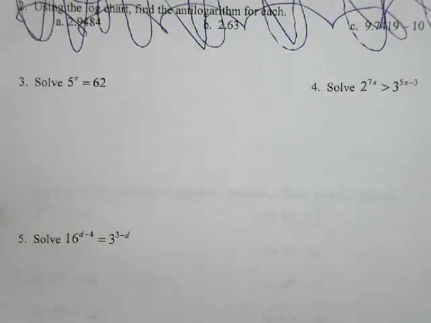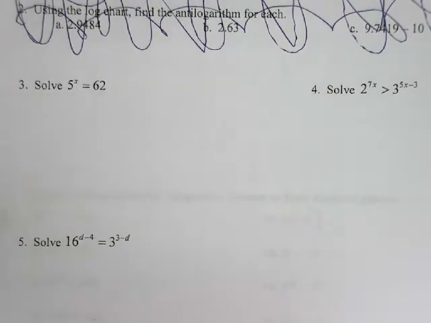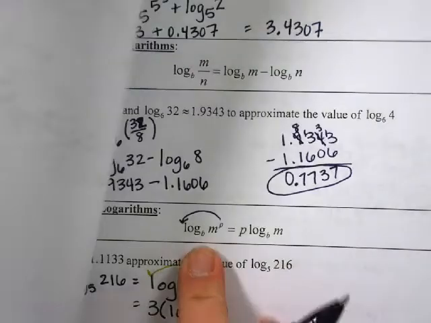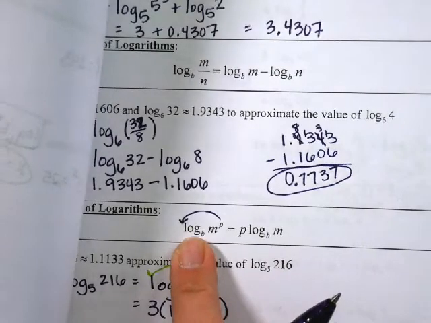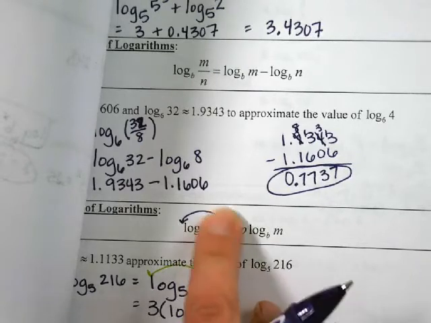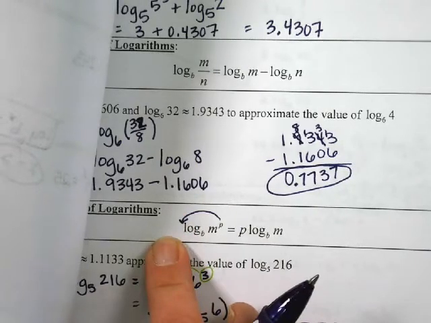So instead what I'm going to do is I'm now going to use that log rule that we had. This guy right here. That said if I take the log of both sides, or I have something with an exponent, it can come down out front as a coefficient.